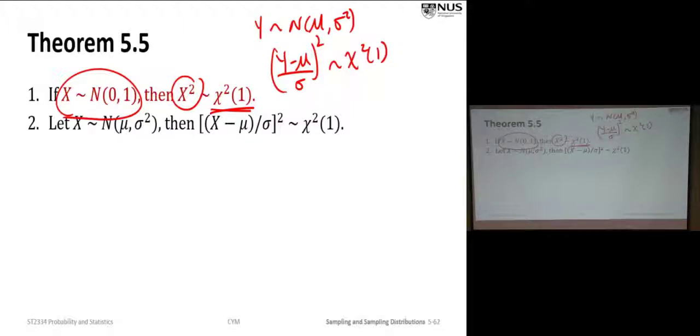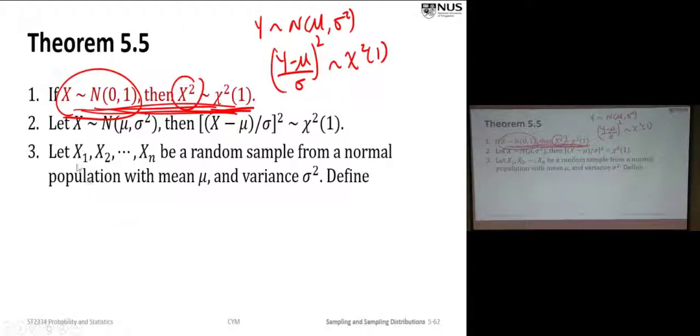That's the second part of the results. Don't worry about the proof. Just be aware that if you take the square of a standard normal random variable, the new random variable will follow a chi-square distribution with 1 degree of freedom.